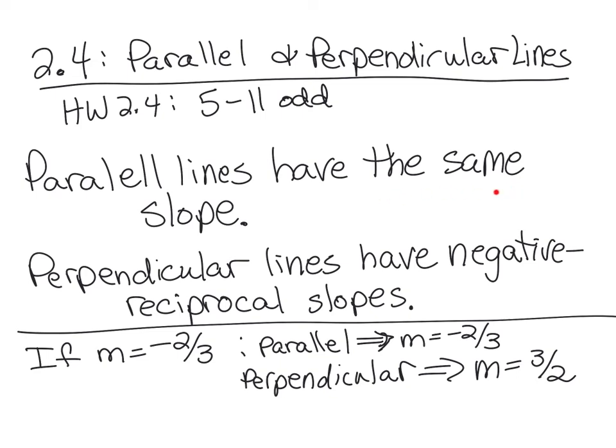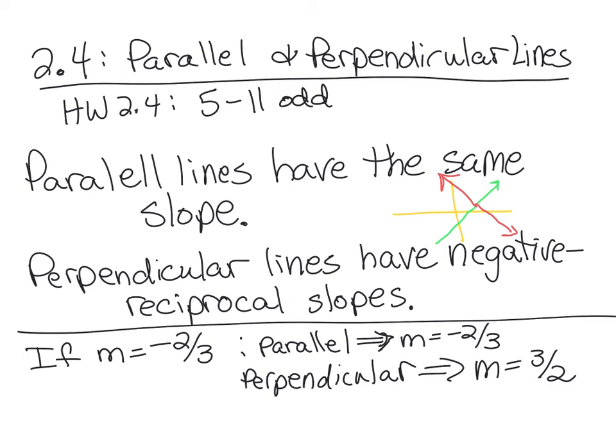They never cross each other either because they're always rising and running at the same rate. Perpendicular lines, when you think about lines that are at a right angle to each other, if one of your lines is increasing and you have a perpendicular line to that, it has to be decreasing.